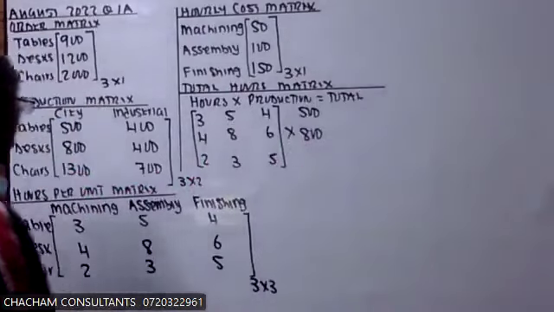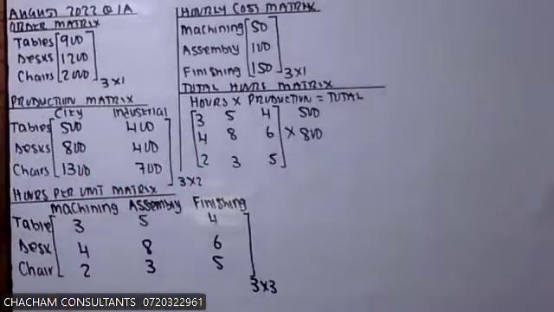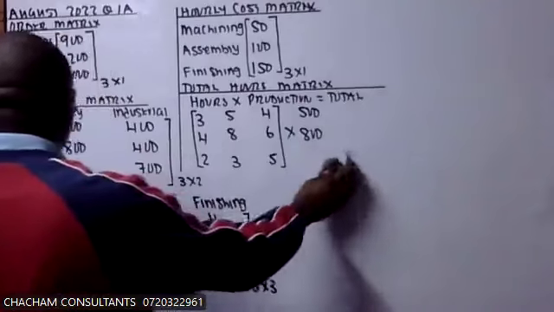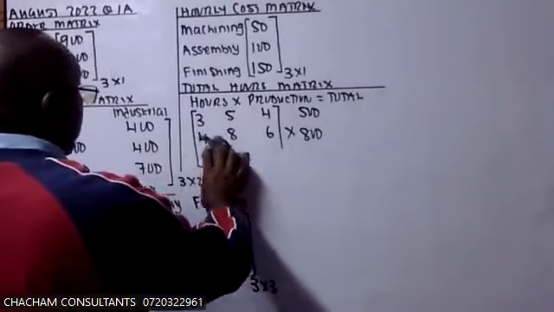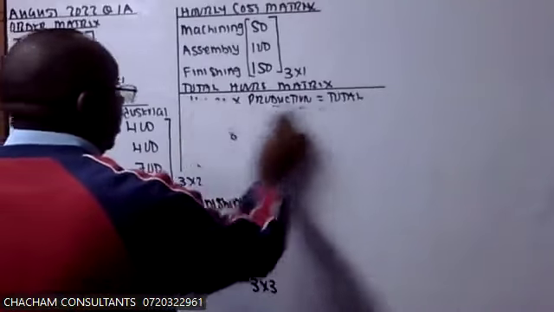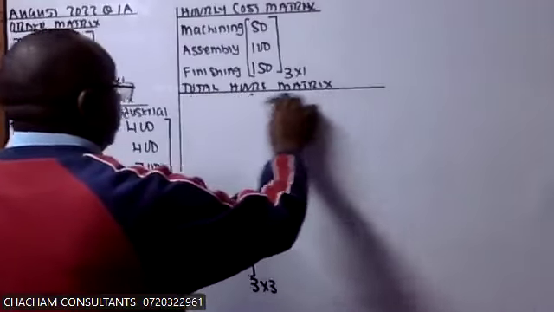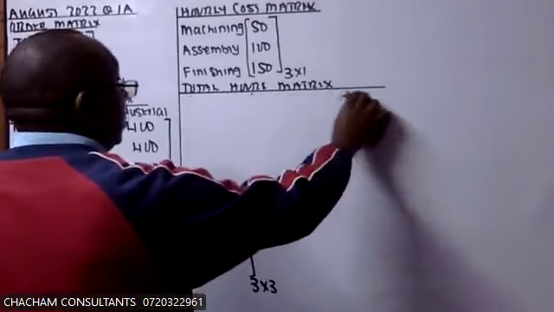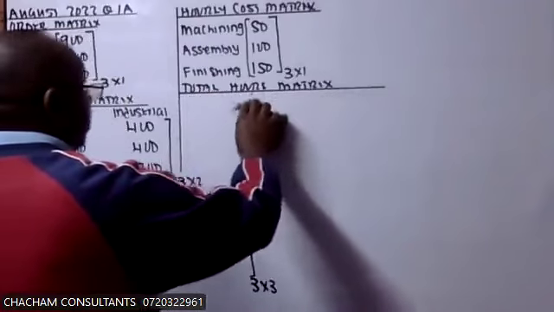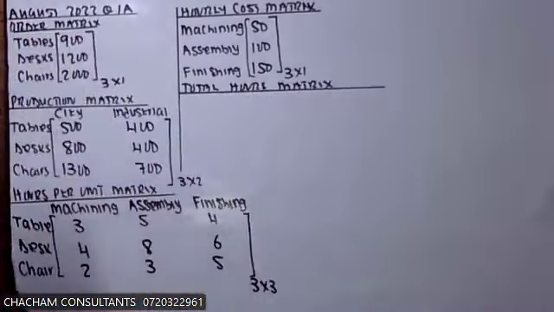So that cannot work that way. So we have to ensure that they are compact, they are feasible, that the tables will multiply the hours for the tables. That is what we call the economic sense. So we must ensure that they agree.